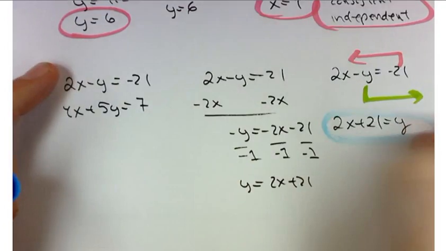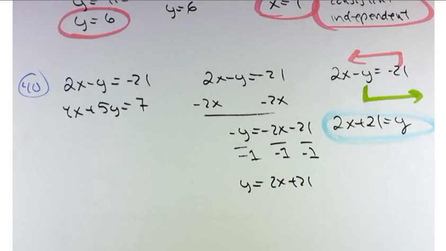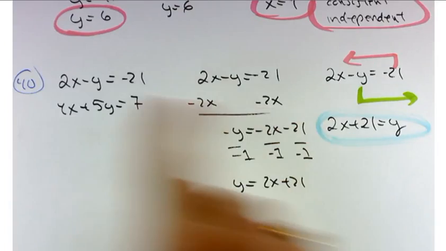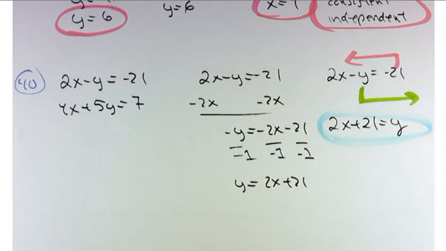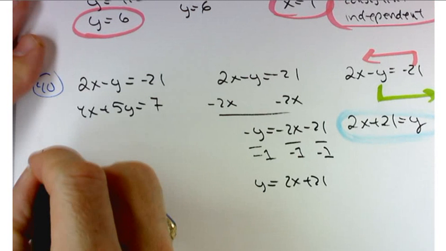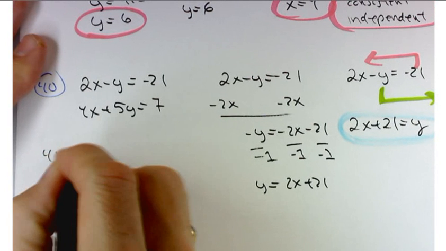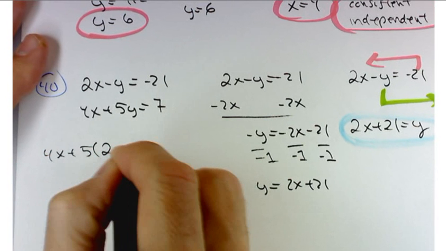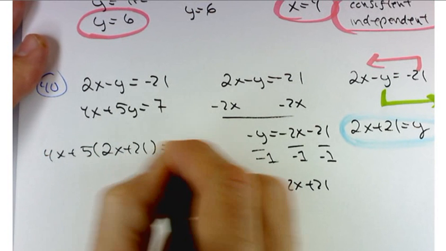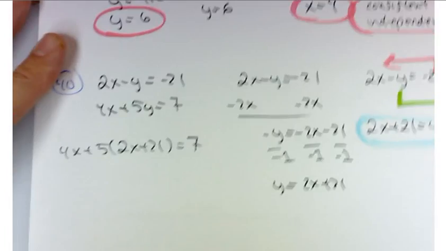So let's take that expression for y and plug it into the other equation. Make sure you don't substitute back into the same equation. So it's going to be 4x plus 5 times (2x plus 21) equals 7.